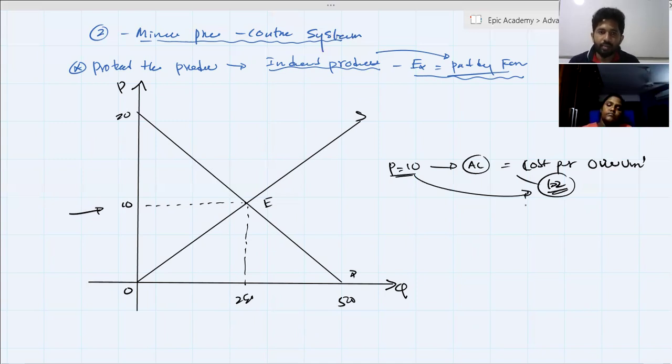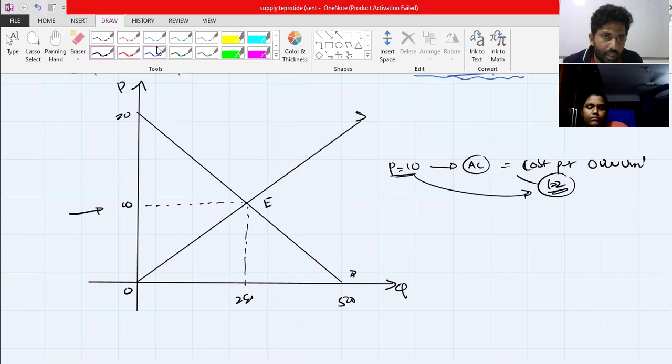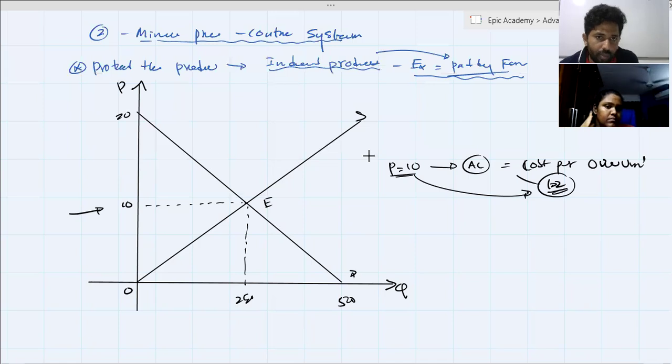The producer's revenue is reduced and the producer takes negative profit. This is not a good sign for the producers. Producers are always discouraged by that kind of situation. That is why the government decides that the price of this commodity must be at least 15 rupees.